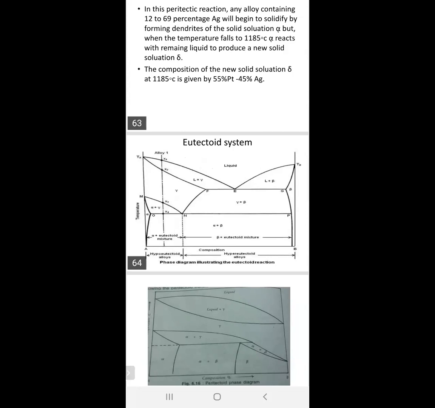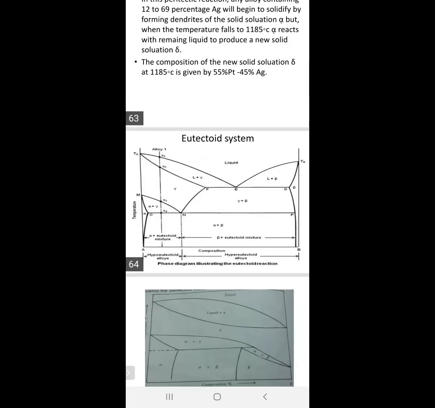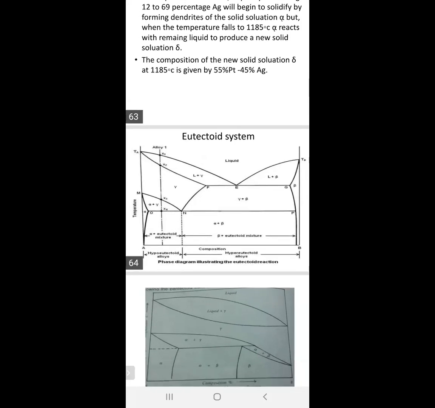Here, one single solid, where is it? One single solid phase. Gamma, sir. Where is it? Very good, very good. That is gamma. Okay, gamma.